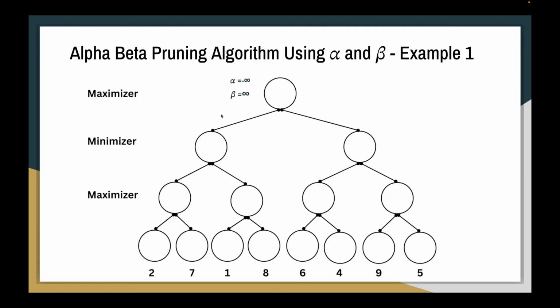The maximizer begins at the top and passes these same values to the minimizer. When you are traveling towards the leaf node, don't change any values.